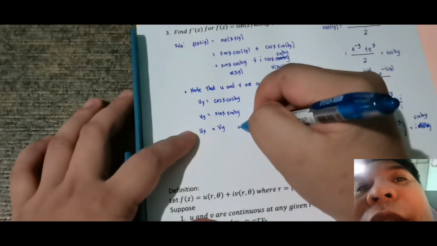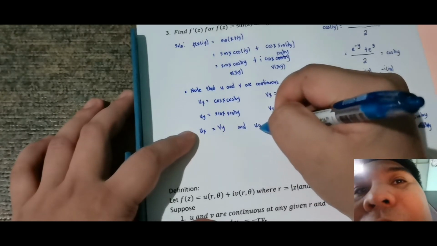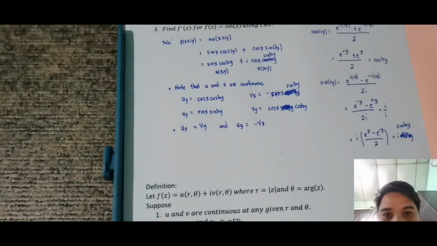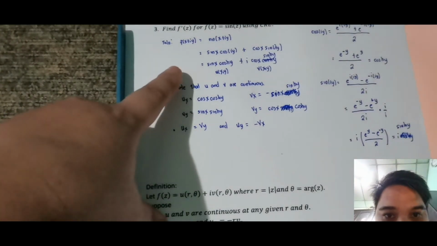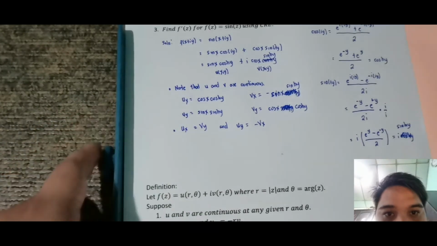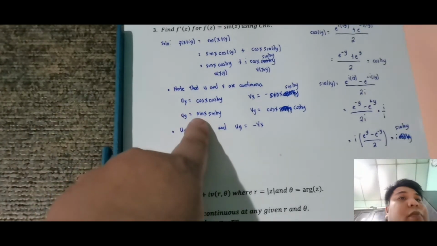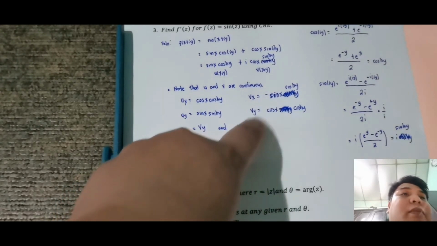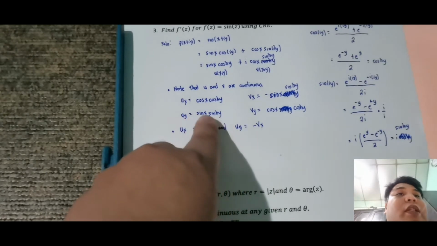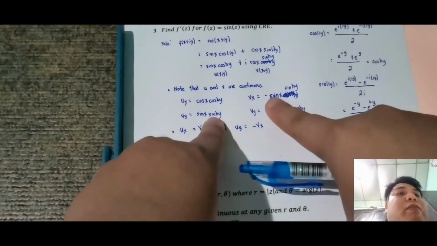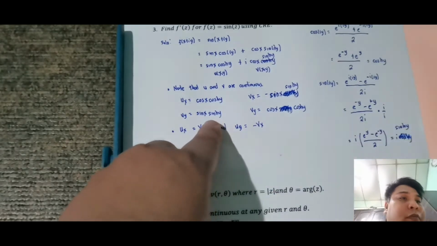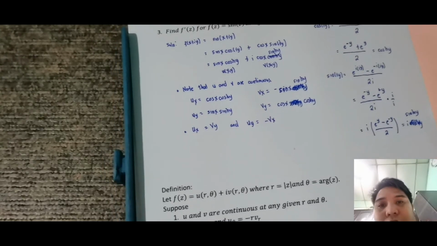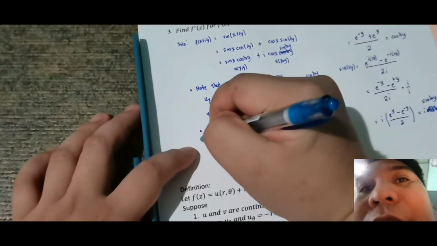And next, is the partial of u with respect to y equal to the negative partial of v with respect to x? So let's check again. This should be positive: sin x sinh y. Negative times negative is positive, so that is equal. Notice, negative of negative sin x sinh y is positive. Okay, therefore they are equal, meaning we can get its derivative, f prime of c, by the Cauchy-Riemann equations.